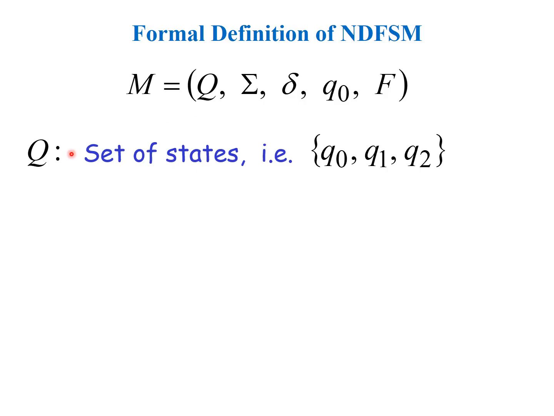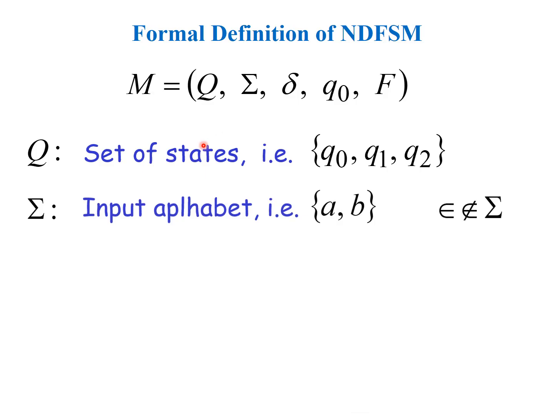Capital Q is a set of states, nothing but Q naught, Q1, Q2. Sigma is the input alphabet, that is A comma B. The empty string is not a member of the input alphabet.